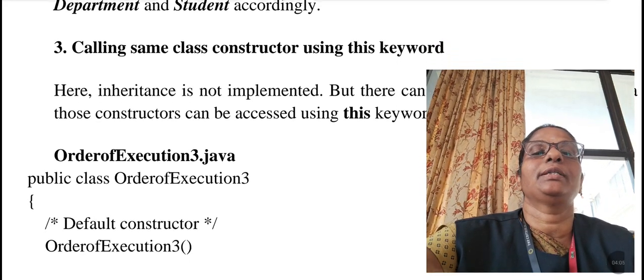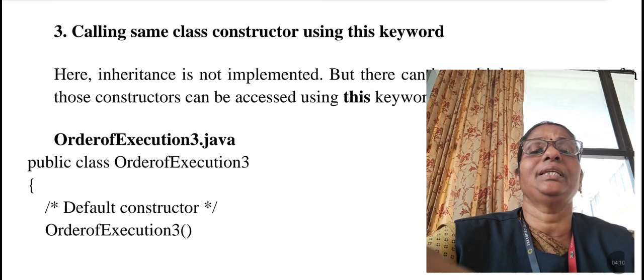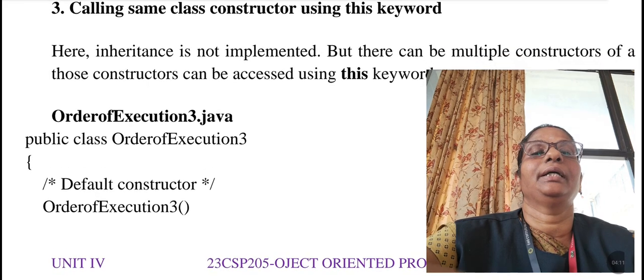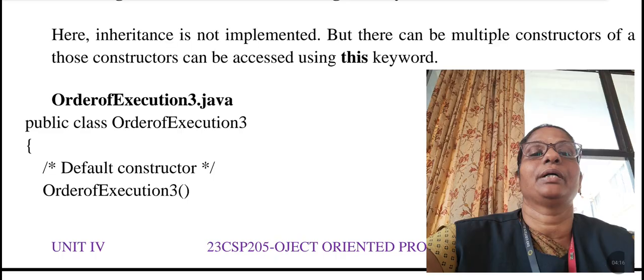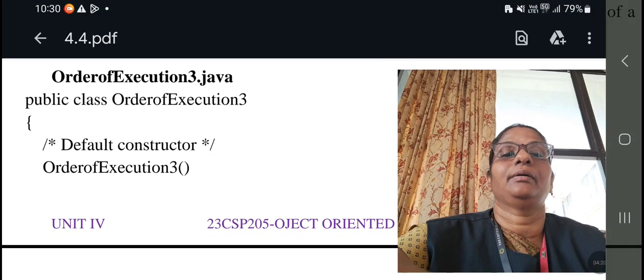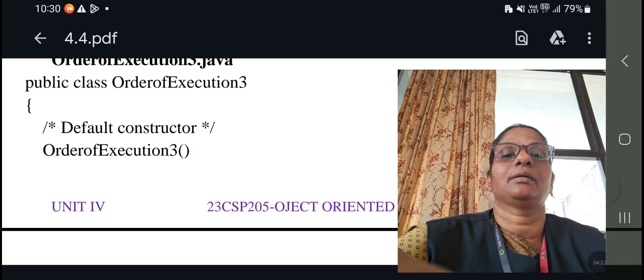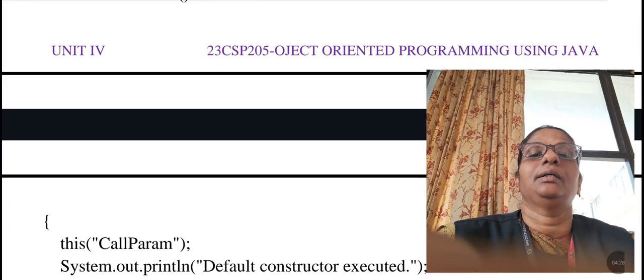Next is calling the same class constructor using the this keyword. Here inheritance is not implemented. To go from one constructor to another constructor, we use the this keyword. Execution3 is the class name, and we create a default constructor Execution3.